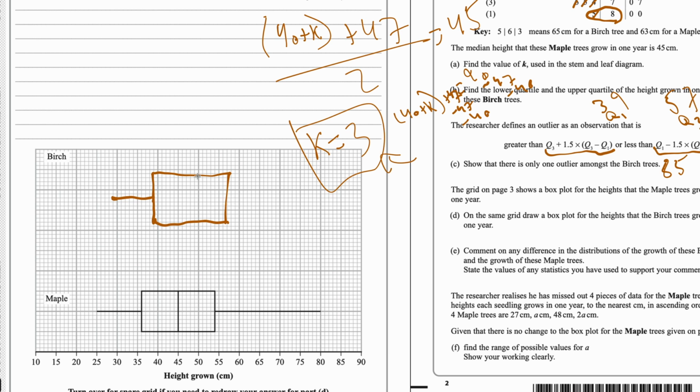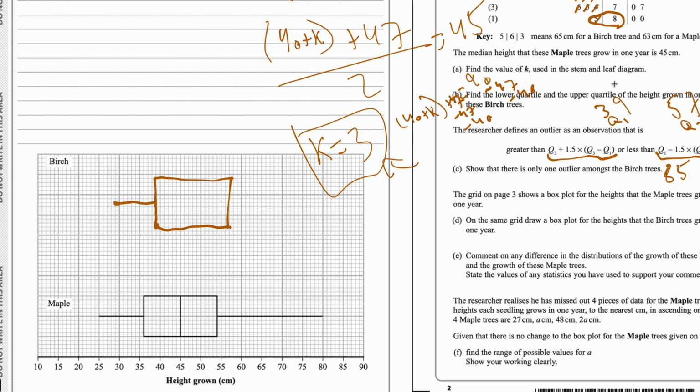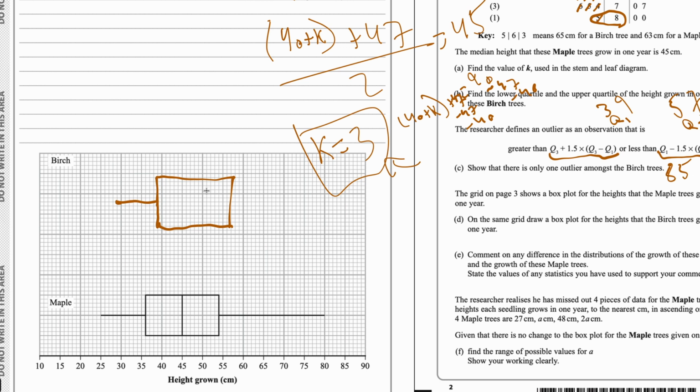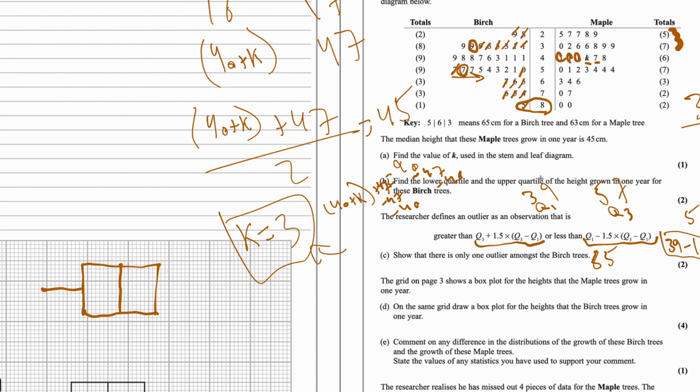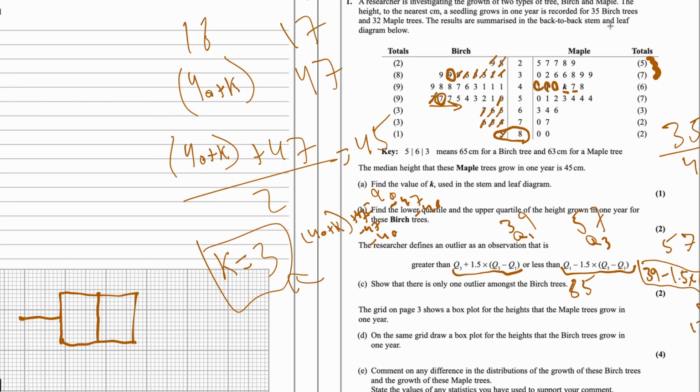Our median for birch trees is 48, right? So we go over here and draw in 48. A median, for example, if we have 35, so if we divide 35 over 2, then it's the 17.5th term.